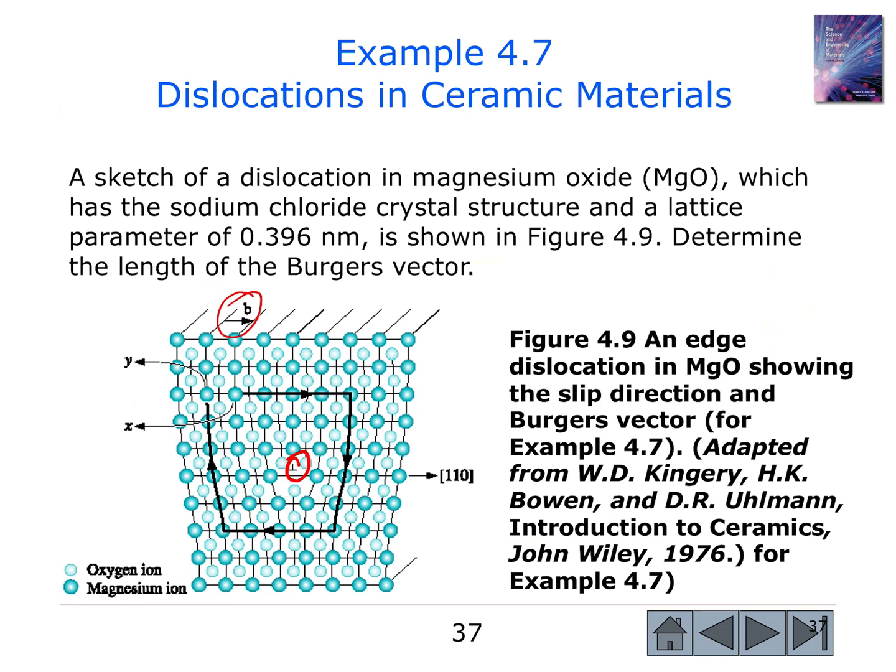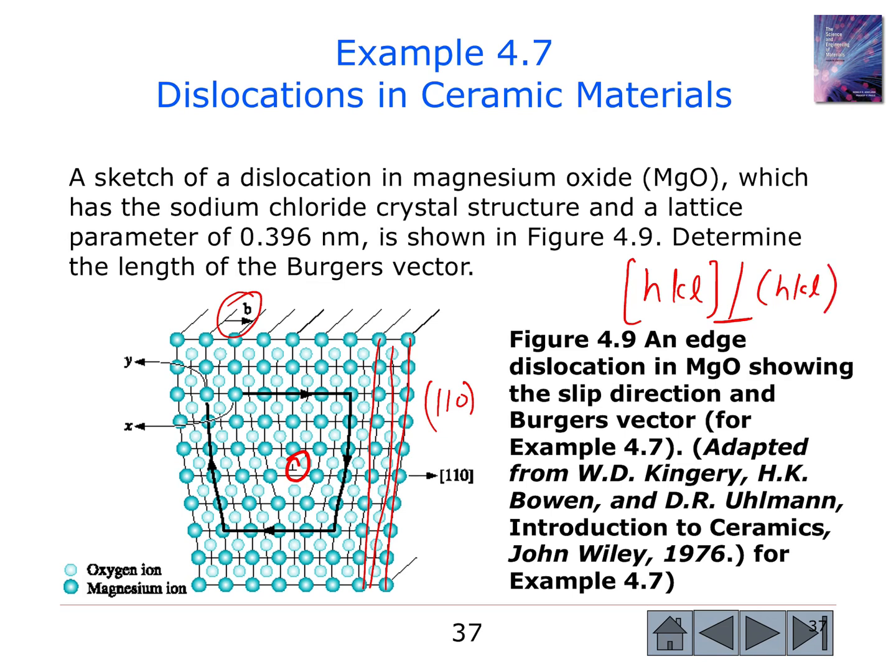Now this is a 110 direction. So if this is a 110 direction, it means that this should be what? A 110 plane. Why? Because if you remember, the HKL direction is perpendicular to the HKL plane.